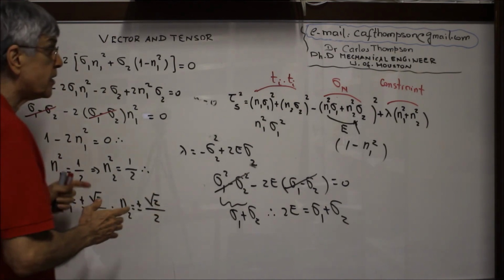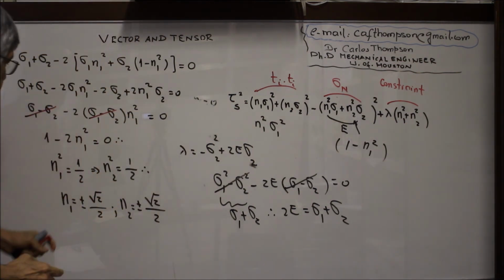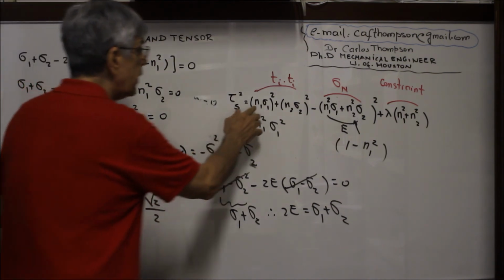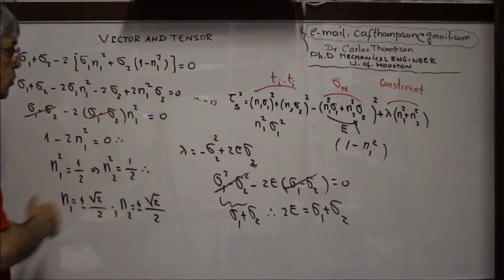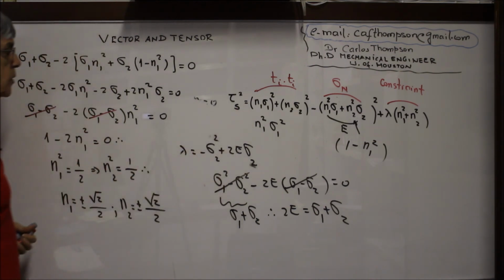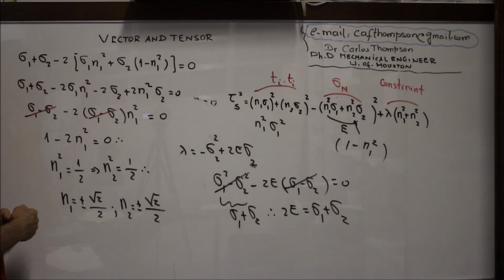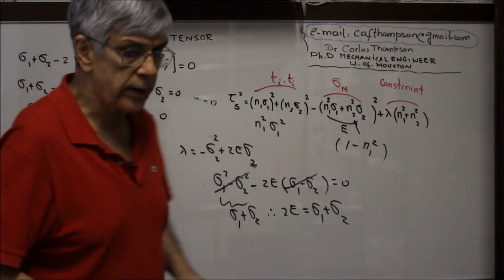Now, if I substitute here, I will get the minimum or maximum stress. The minimum stress is for n1 equal 1, n2 equal 0. So let's substitute to get the maximum tau s squared. You see, n1 and n2, the unknowns, are now calculated. So let's get tau s squared.